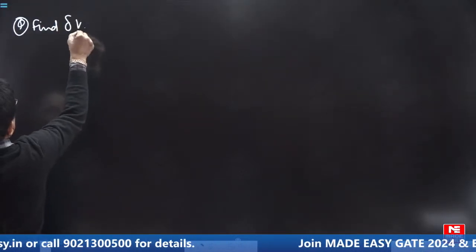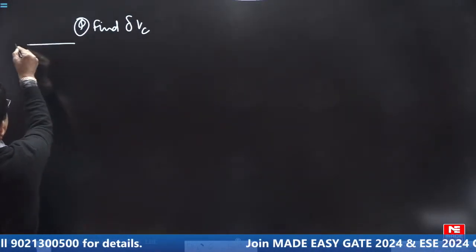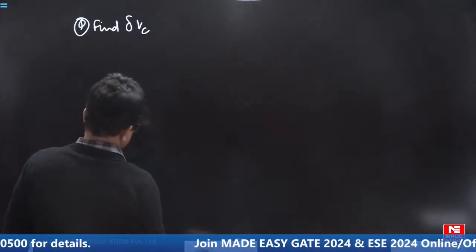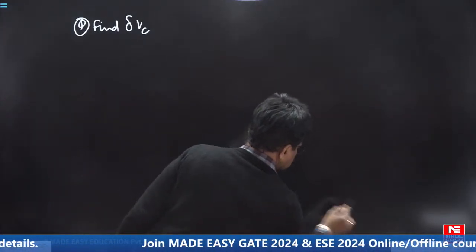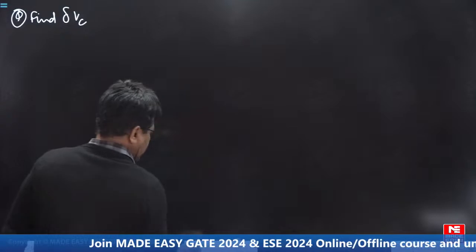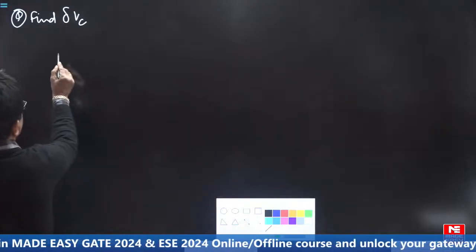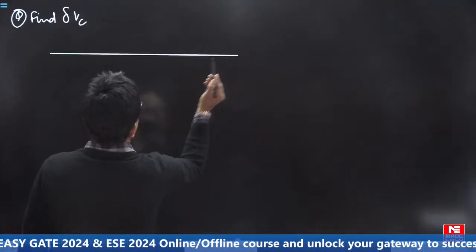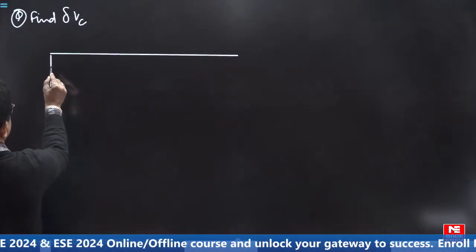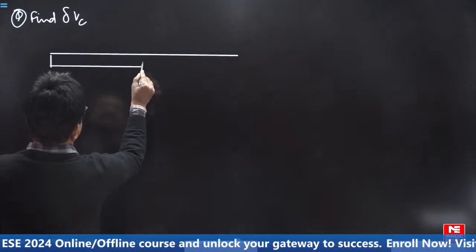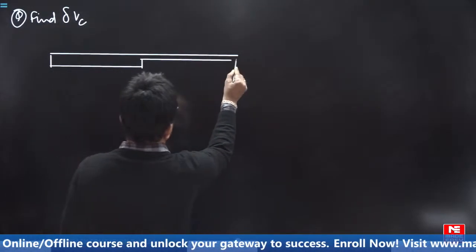Find vertical displacement of C. Again, two segments only must be there. Then only we can complete in time. This is a beam.